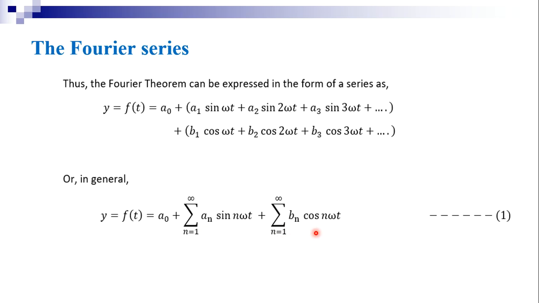Let this be equation number 1, and in this equation we find a naught, an and bn as the Fourier coefficients in the Fourier series. Now we can evaluate these Fourier coefficients, and we can get expressions for them.